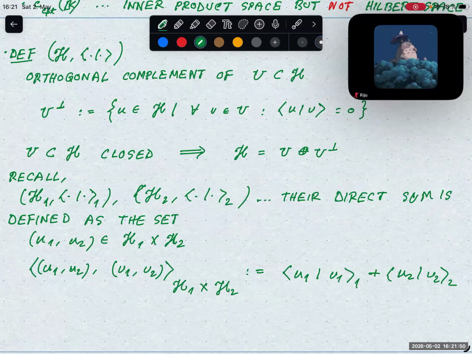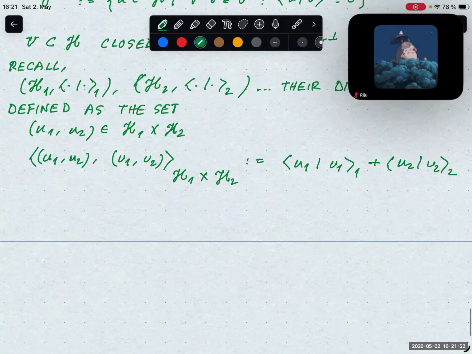And then how do you go to sequences? So now we go for countable sequences. We use this notation: direct sum of i equals 1 to infinity of Hi.